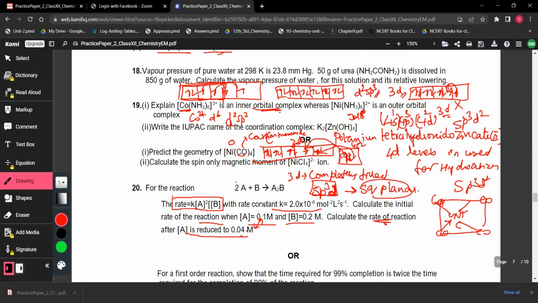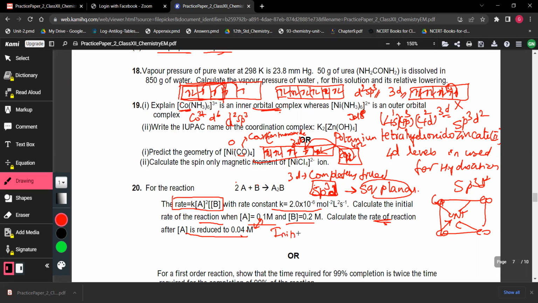So find out the remaining B first and then subtract it from the original concentration of B, and get the B left out at time t. Okay, and use that for the calculation of rate. So first let us calculate the initial rate of reaction.